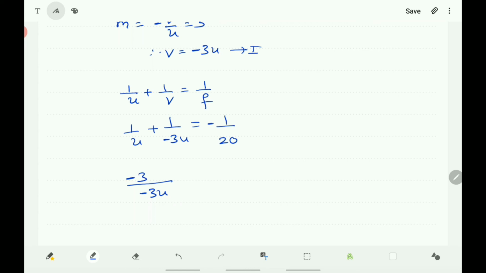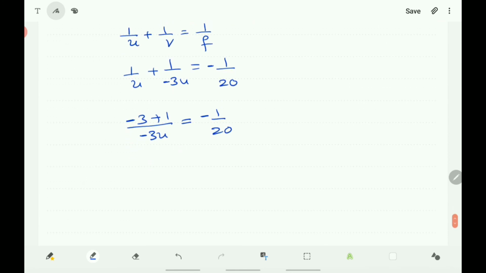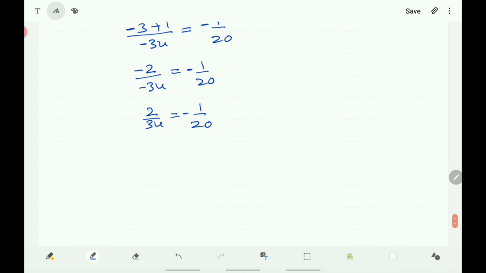So it is minus 3, 1 into minus 3 plus 1 is equal to minus 1 by 20, that is minus 2 by minus 3u is equal to minus 1 by 20. So 2 by 3u is equal to minus 1 by 20. Then it becomes 40 is equal to minus 3u. Do the cross multiplication.